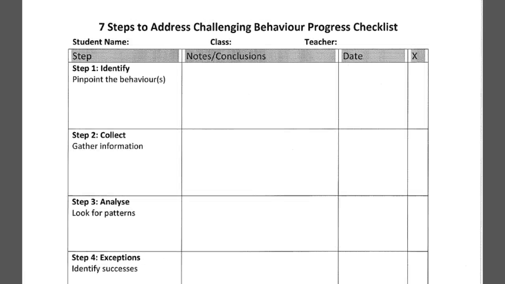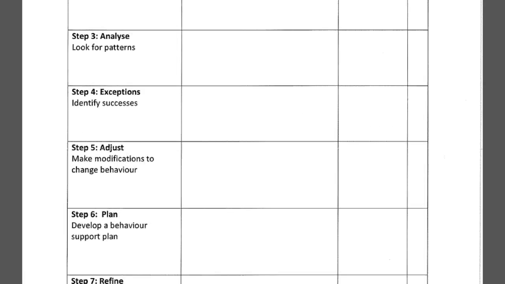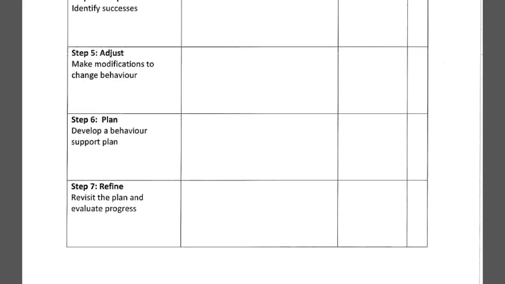That same document includes a worksheet that can be filled in to help support us in our quest to support students. In the WR10 Behavior Toolkit PDF, there is also the ABC recording chart that we worked on with the antecedent, behavior, and consequence columns that can be filled in.